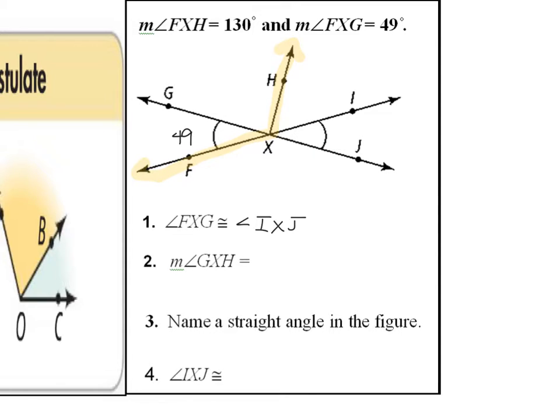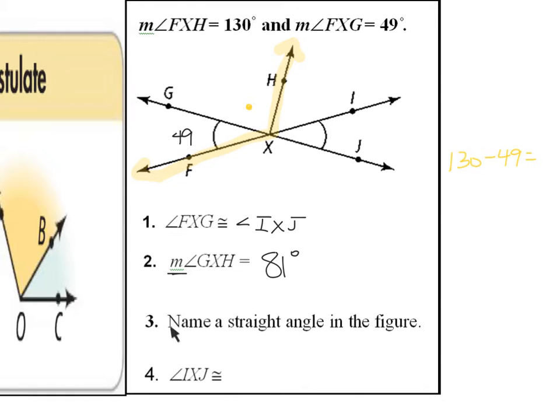If I take the whole and subtract the part, it's like the segment addition postulate, but it's an angle thing. If I take 130 and subtract 49, I end up with 81 degrees for GXH. Anytime it says the measure, it's asking for a number. If it doesn't say measure, like the first one, they're asking what angle is congruent to it.